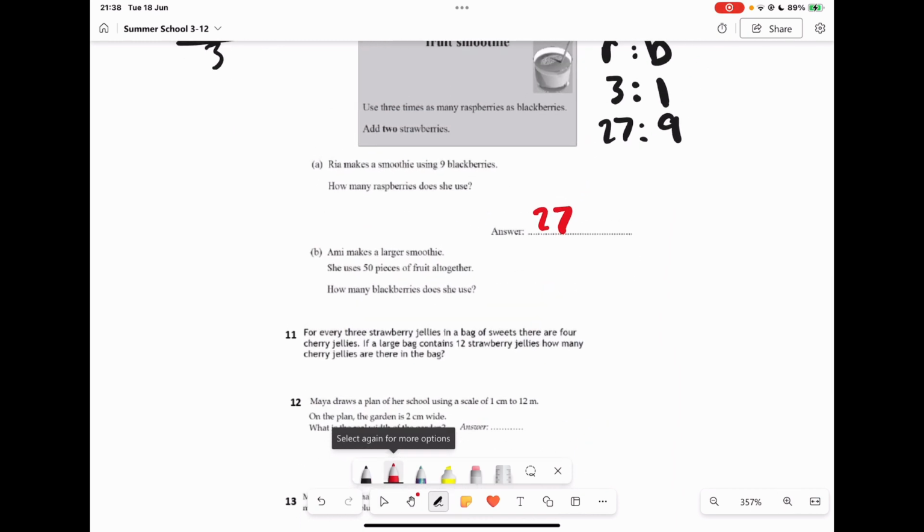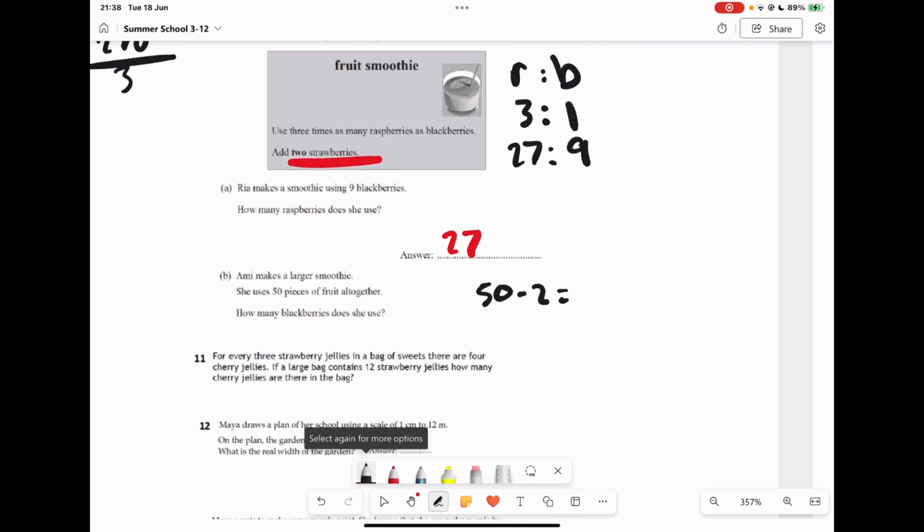For part B, Amy makes a larger smoothie and she puts 50 pieces of fruit all together. How many blackberries does she use? We know that it says to add 2 strawberries, so we do 50 minus 2 to find the raspberries and blackberries she uses, which is 48.